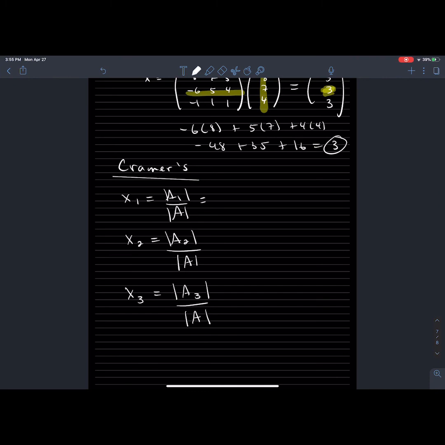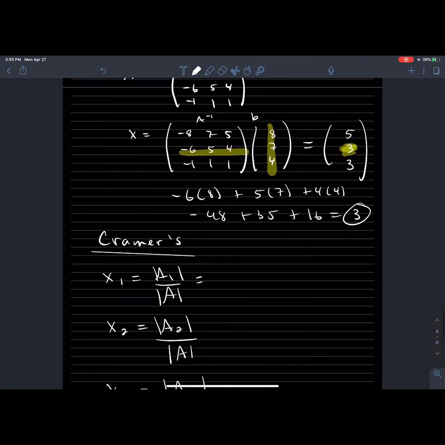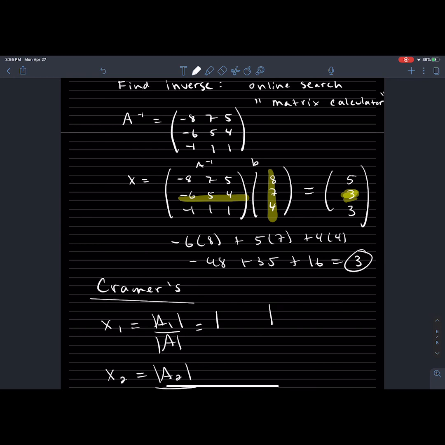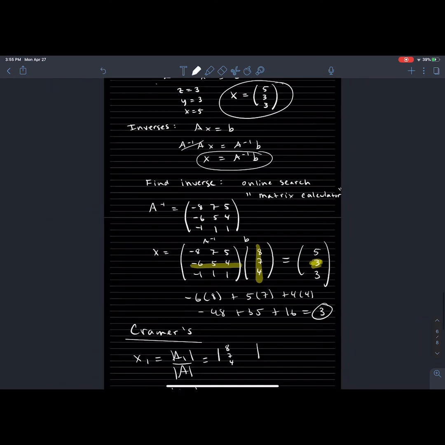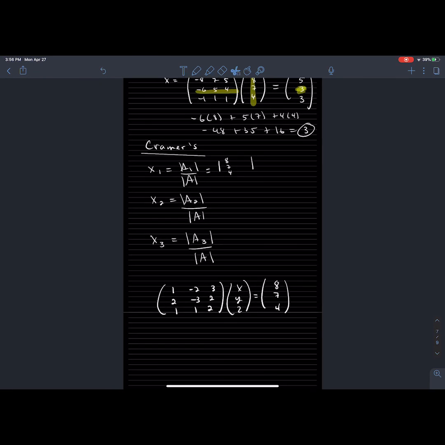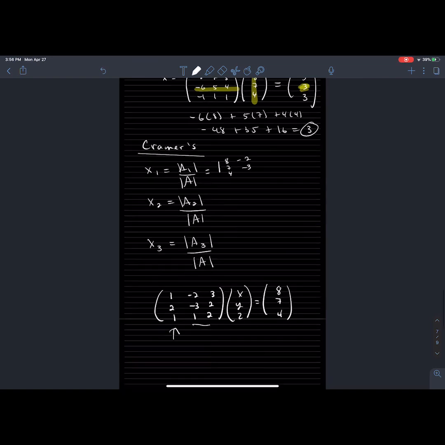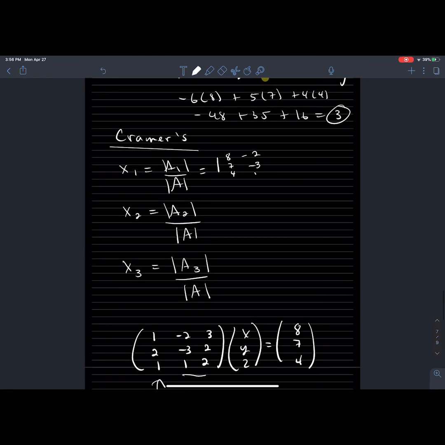This is going to be the determinant of 8, 7, 4, and we have to fill it in. I just changed the first column and keep the other 2 columns: minus 2, minus 3, 1, 3, 2, 2. And then we know that's divided by 1.